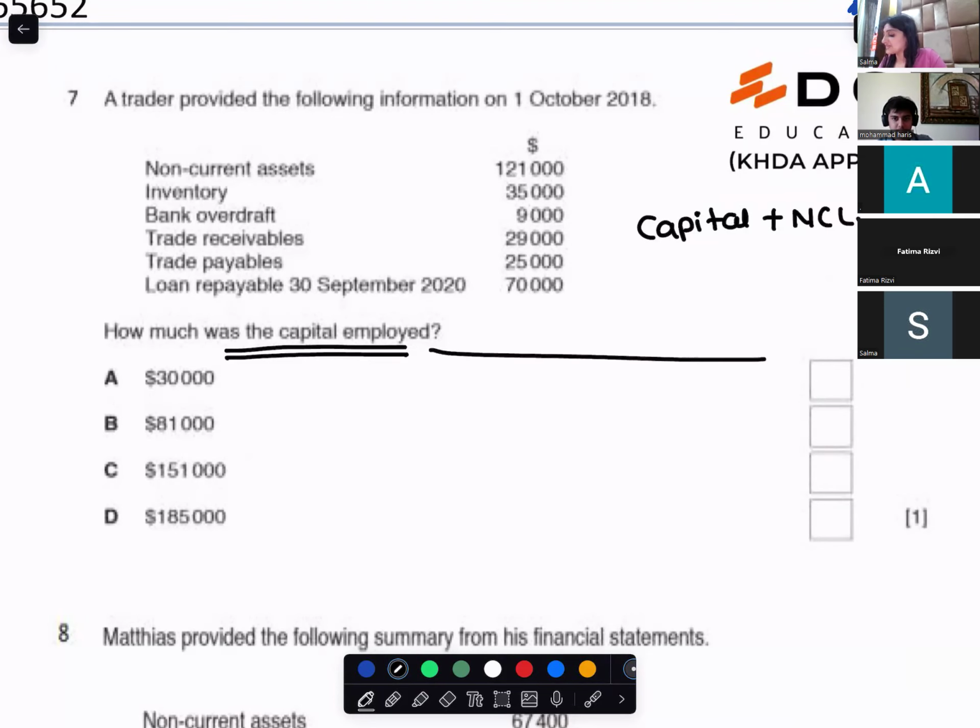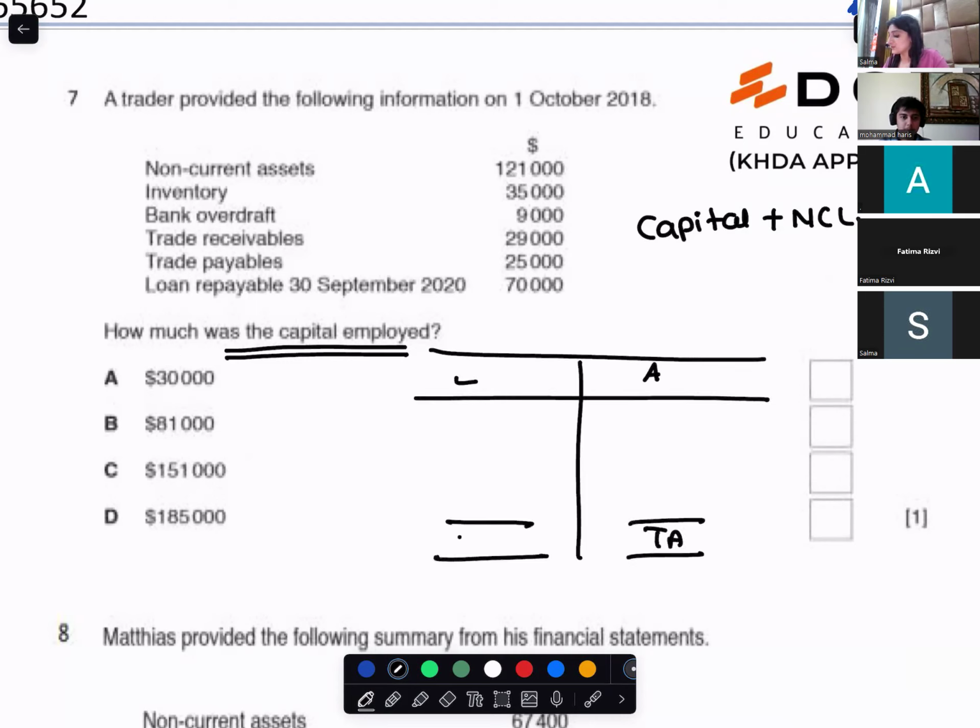So if this total is our balance sheet, this is assets, this is liabilities, you have your total assets. Your total assets is equal to your total liabilities. Here you will have capital, here you have non-current liabilities, and you need this. Are you with me? Yes, Miss.